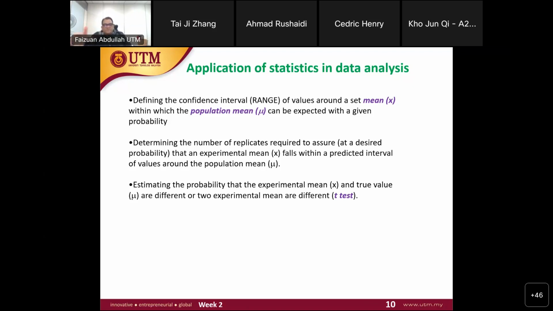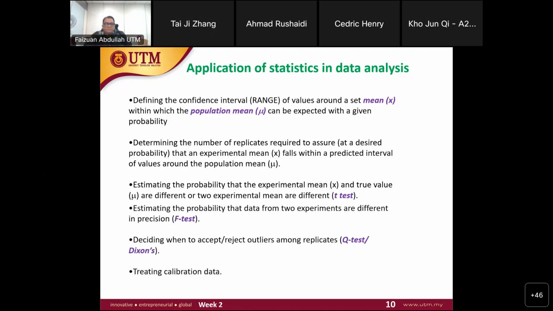We have different tests here. The most famous one is the t-test. We also have the probability that the data from two experiments are different in precision, that is the F-test. And deciding when to accept or reject outliers among replicates, that is the Q-test.